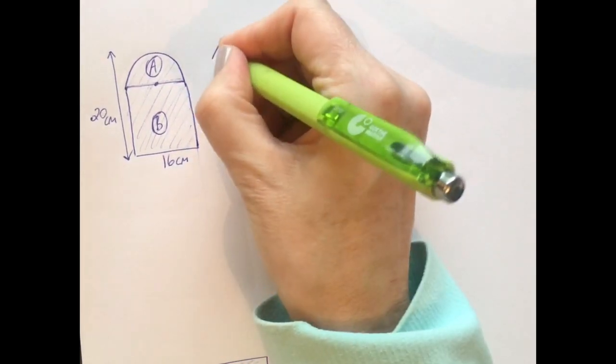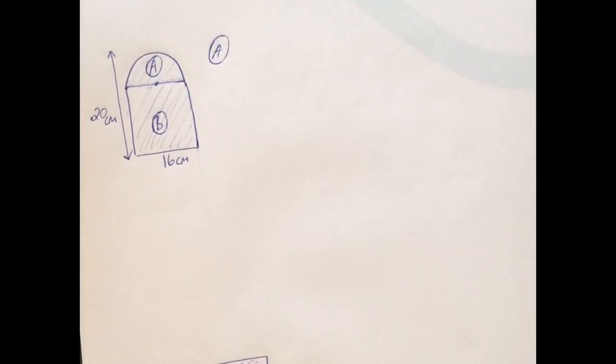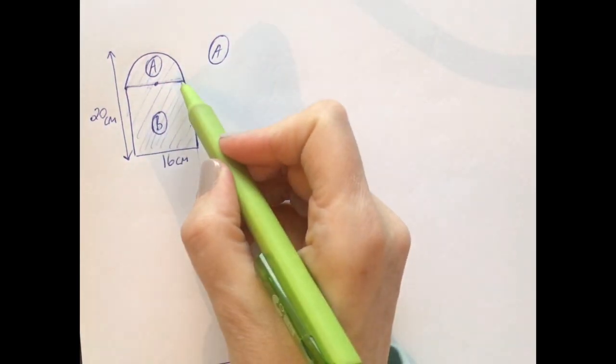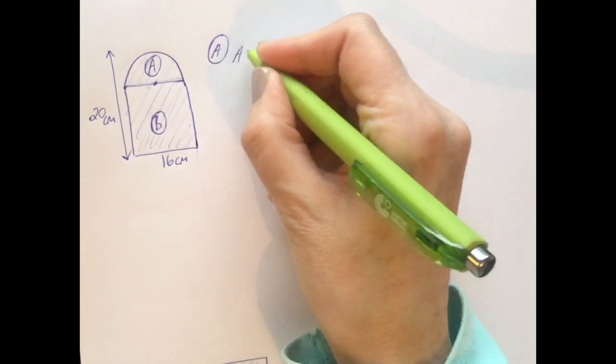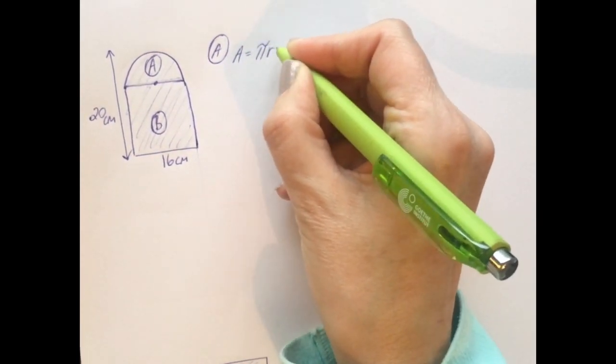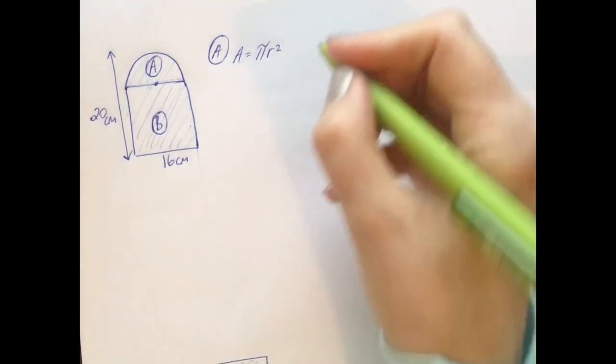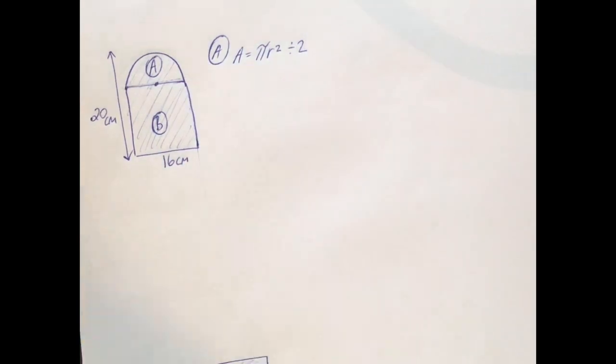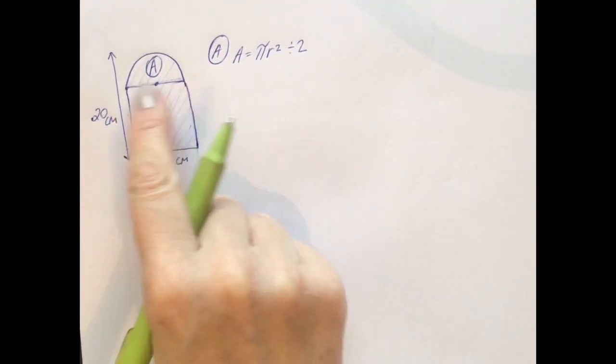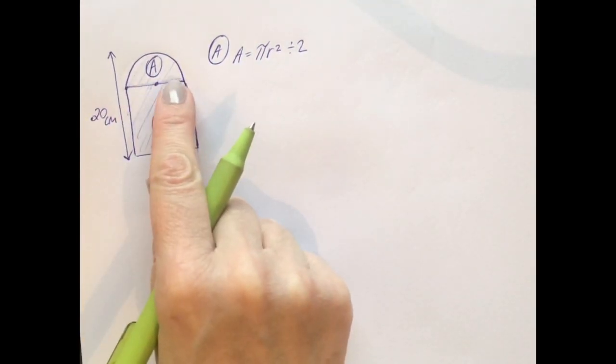So for shape A, I need to consider the area of a circle. So straight away I'm going to write down the full formula, A equals pi r squared. And what I'm going to do at the end, I'm going to halve it, because I've got half of a circle sitting on top.